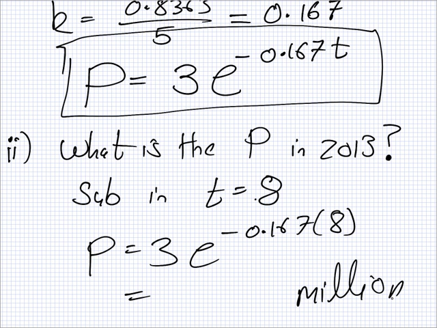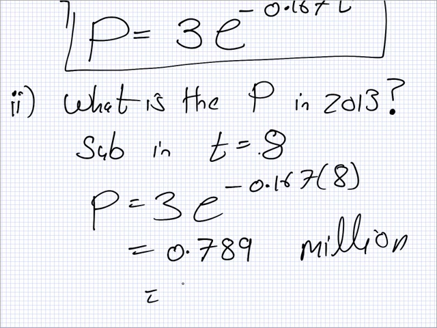What did you get? 0.7886. So we'll say 0.789 million. Yep, exactly. So that's 789,000 fish.